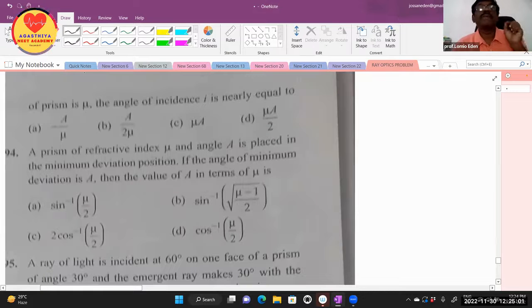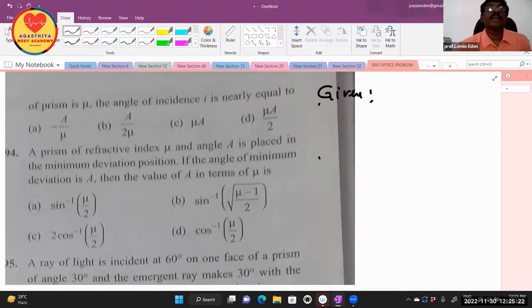A prism of refractive index mu and angle A is placed in the minimum deviation position. If the angle of minimum deviation is A, the value of A in terms of mu is? That is the condition.